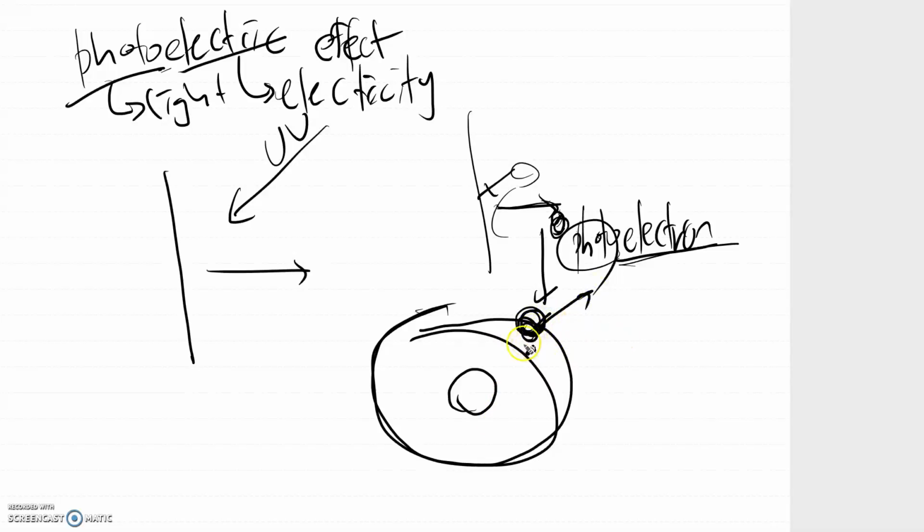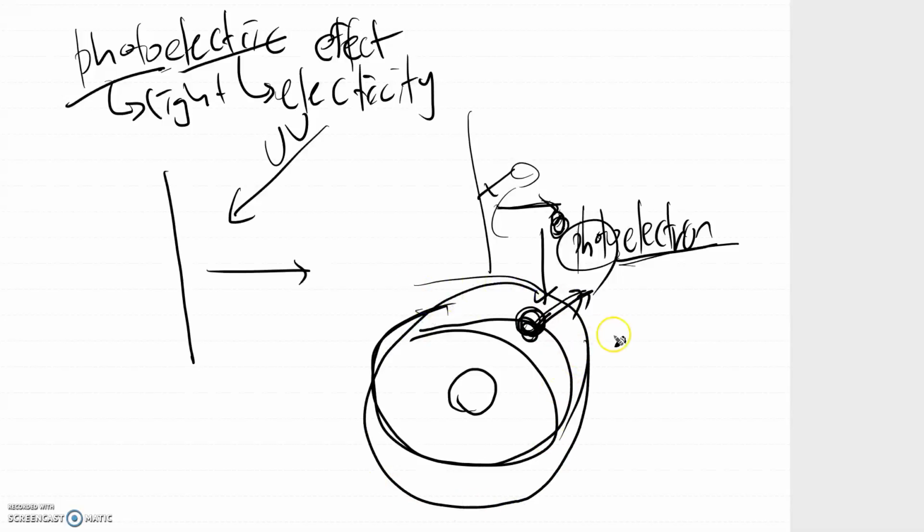When it has more energy, it changes its energy level. It goes higher, and when it reaches the infinity level of energy, then if I put a bit more energy on it, this electron just gets off. And that's how an electron comes out of the metal when you shoot a photon.